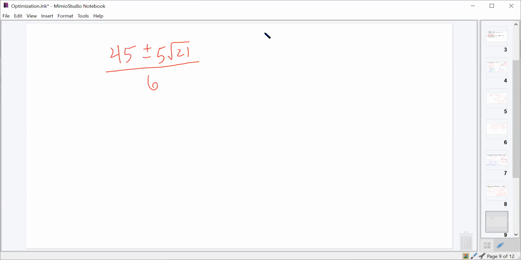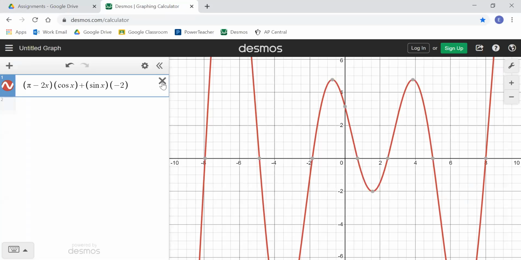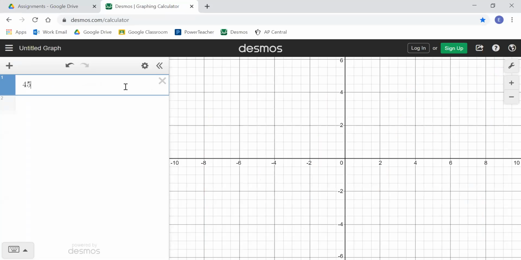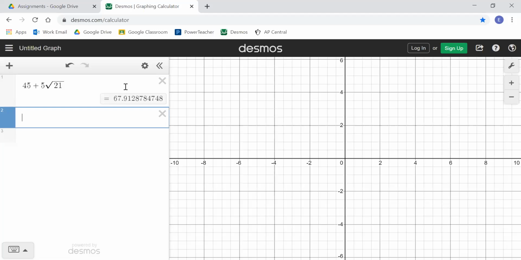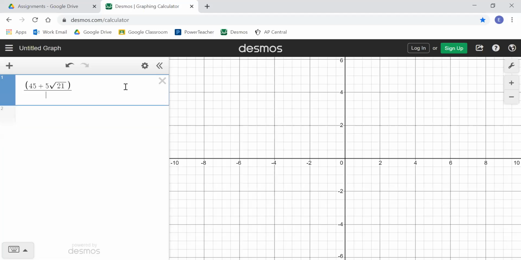Let's look at Desmos. 45 plus 5 square root 21. If I take that and divide it by 6, that's 11.3. Is that within our domain?